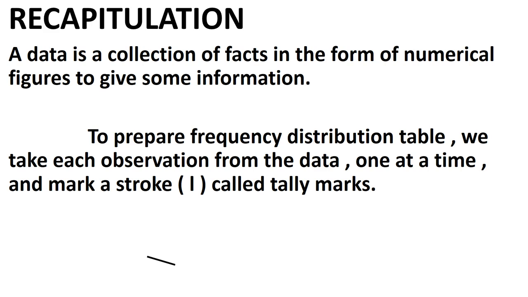When we have the data, we prepare a frequency distribution table. In that, we take each observation from the data one at a time and mark a stroke, that is a straight line, which is called a tally mark.